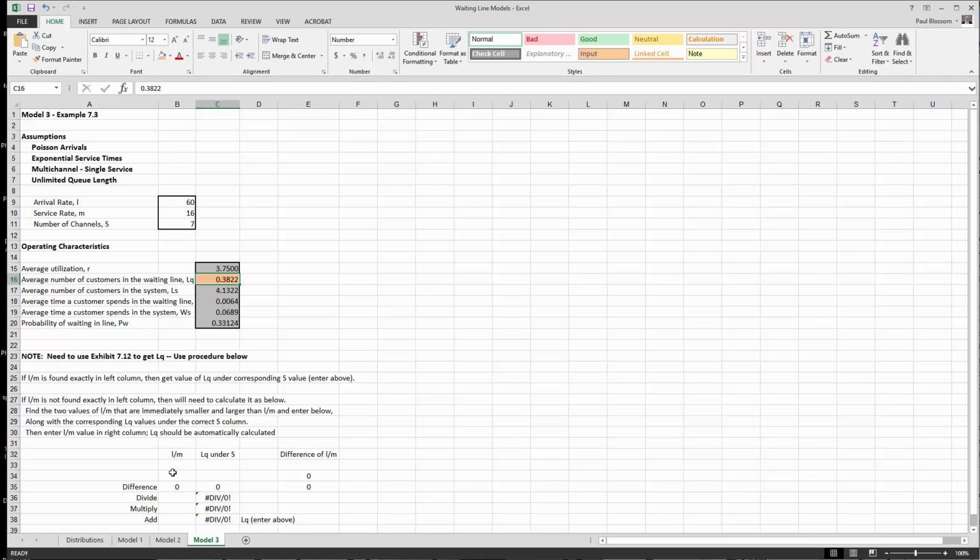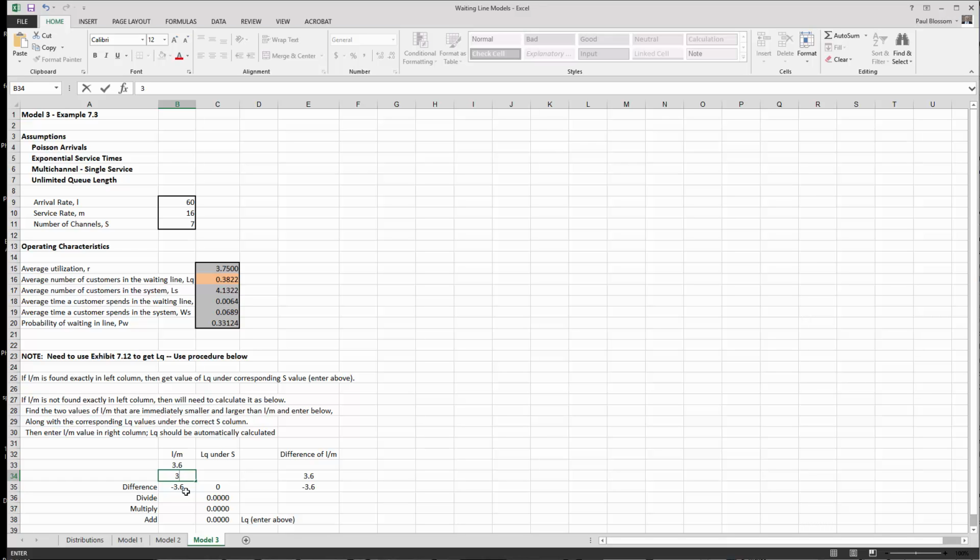We get the wrong answer out sometimes, and so there's a thing here at the bottom that does what we call interpolation. In the lambda over mu column here, since 3.75 is between 3.6 and 3.8, now those are the 2 numbers that are in the table, we put 3.6 here, and we put 3.8 there.